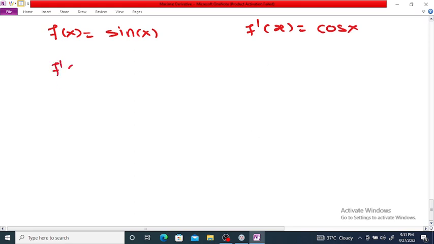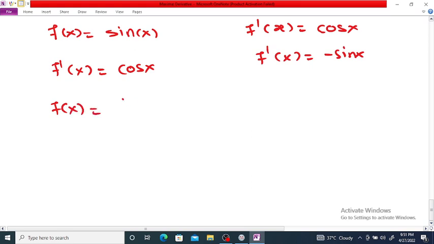If f of x is equal to sin x, then f dash x is equal to cos x, and if f of x is equal to cos x, then f dash x is equal to minus sin x.